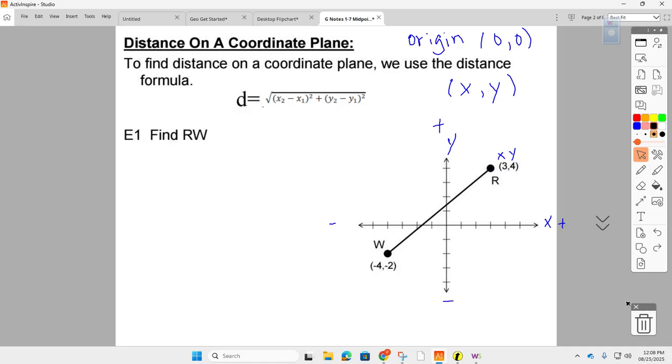Carolyn, you writing this? Plus, basically the difference in the x squared plus the difference of the y squared. So then it's plus y2 minus y1, all squared. And then you just take the square root.